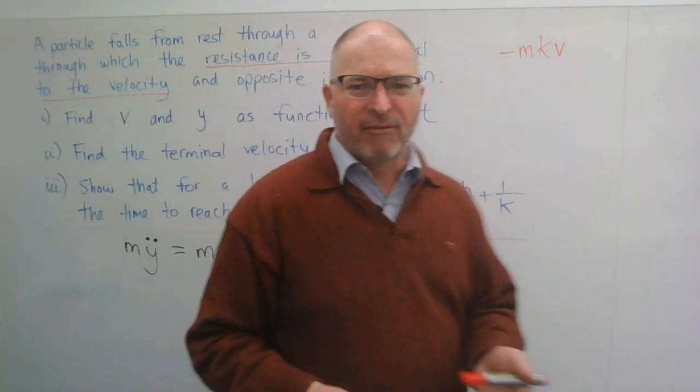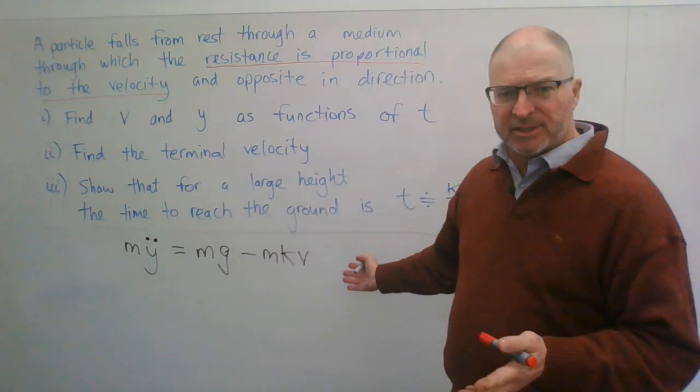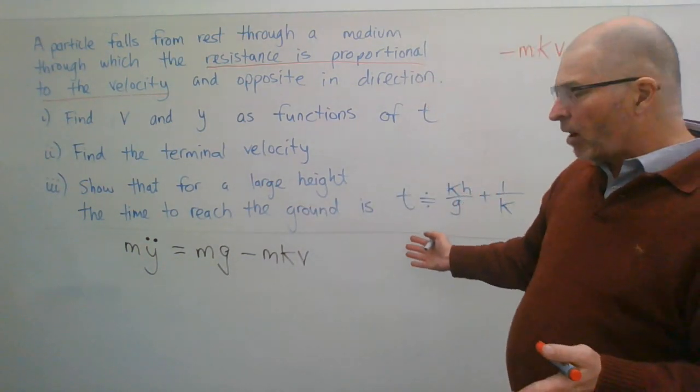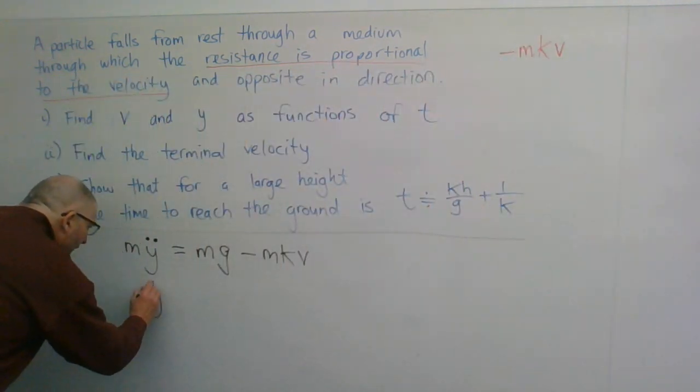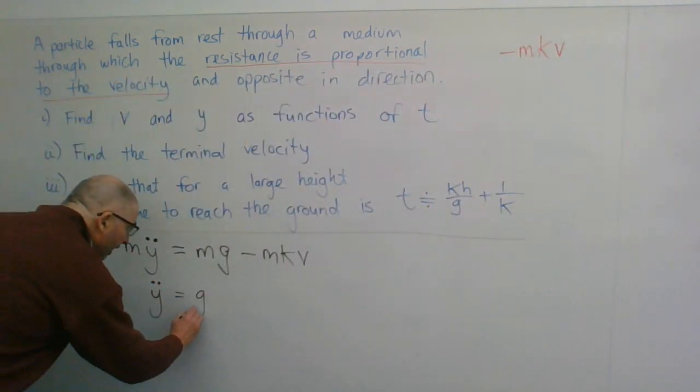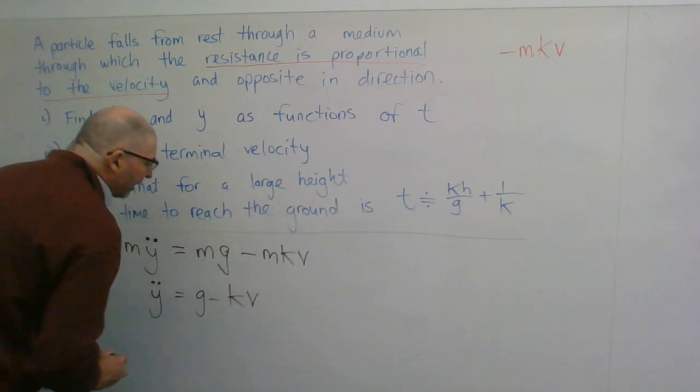So we write our first statement out, which is a forces statement. Then I can divide by m. So I get y double dot is equal to g minus kv.